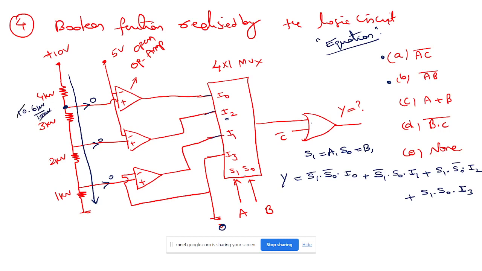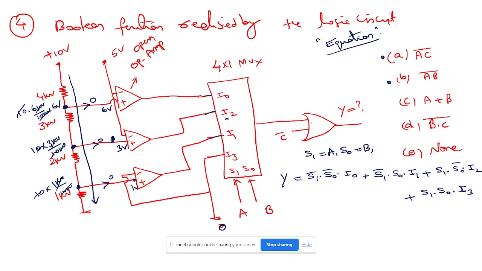So this point is 6 volts. Here, 10 into 3 kilo ohm divided by 10 kilo ohm is 3 volts. What is this? 10 into 1 kilo ohm divided by the overall resistance of 10 kilo ohm. This is 1 volt.